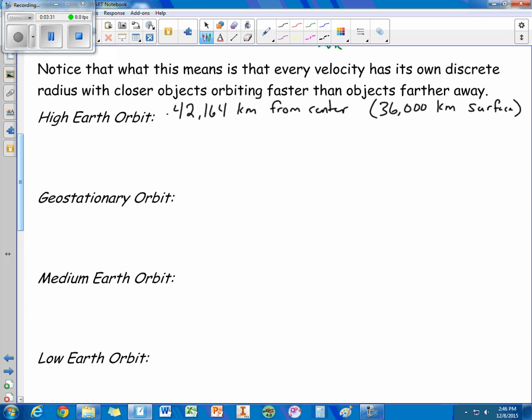That's really up there. This is a sweet spot for geosynchronous orbit. So for geosynchronous orbit, what that means is that it's the same speed as the Earth's spin.